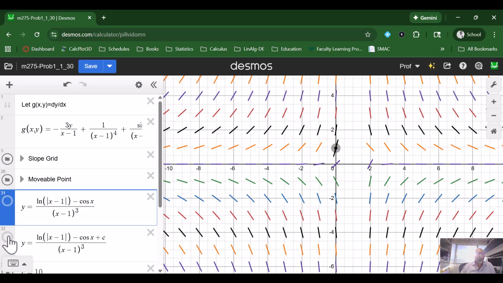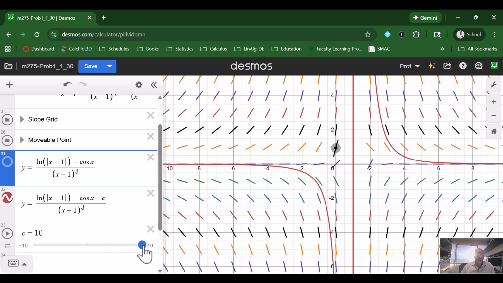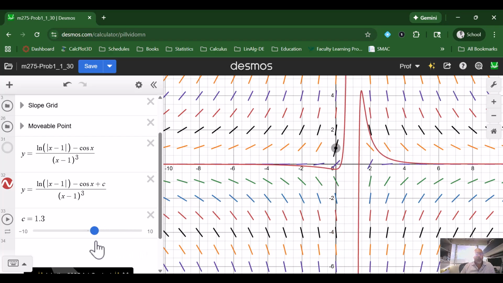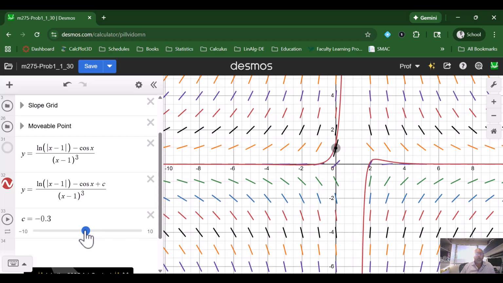Oh, let's first talk about the general solution. So this is a general solution for different values of c. When c is equal to 10, I get something like this. When c is equal to some number like 1.3, we get another interesting dip in the curve here, and the curve goes up.